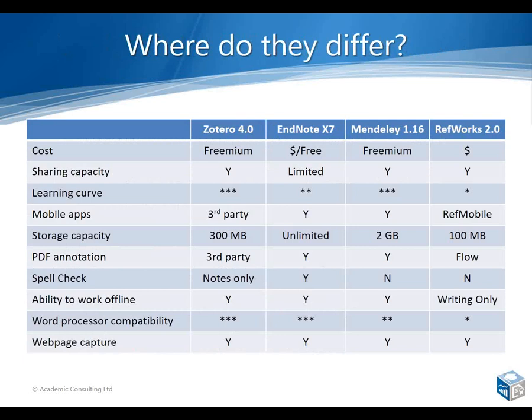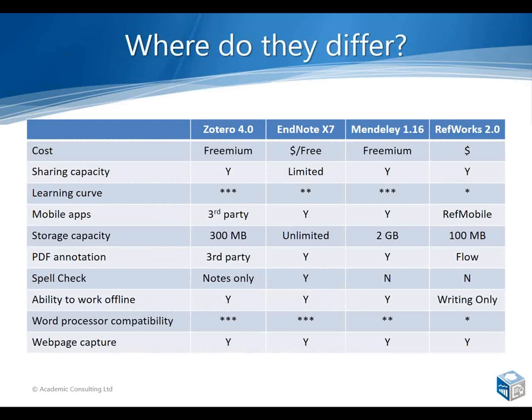So let's talk about how they're different. Both EndNote and RefWorks you need to pay for. I mentioned earlier, EndNote has a free version, but it is web-based only. Zotero and Mendeley are both freemium, which means they are free, but you pay for extra features. And in the case of those 2 packages, that is storage space.